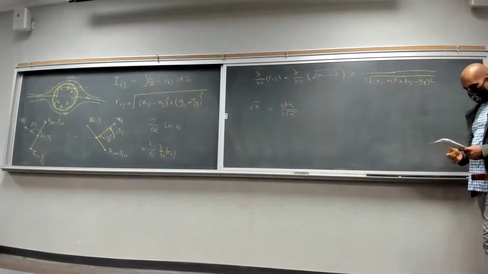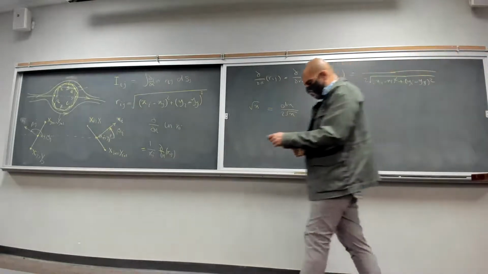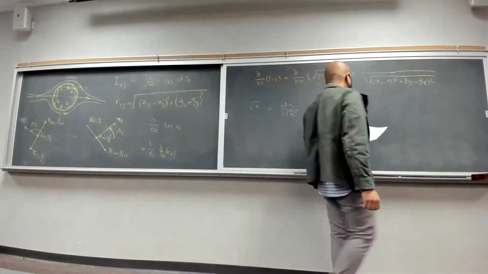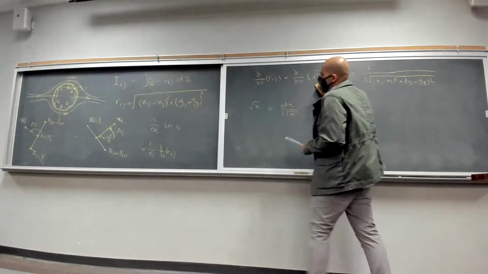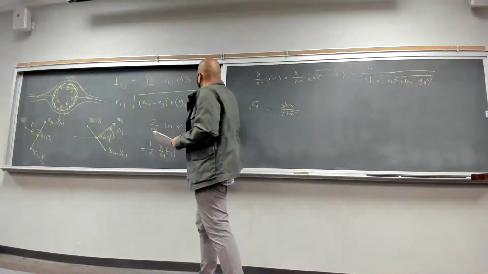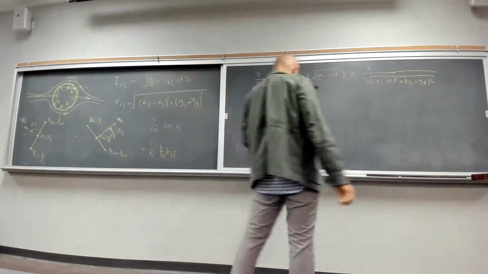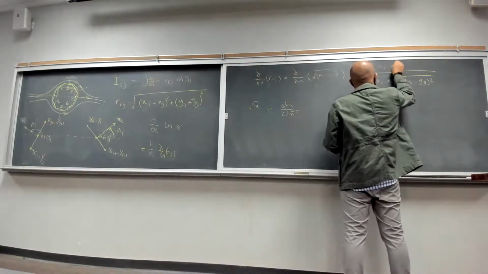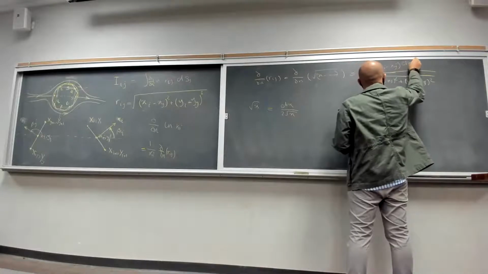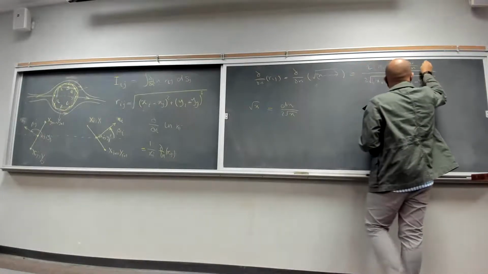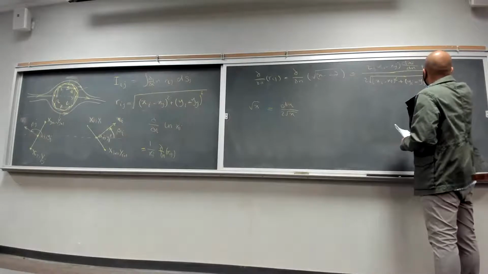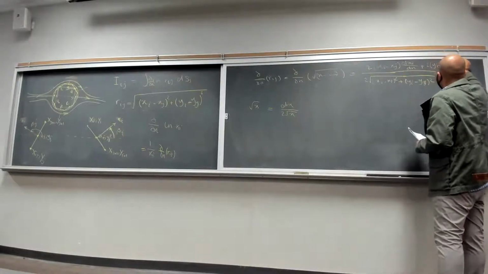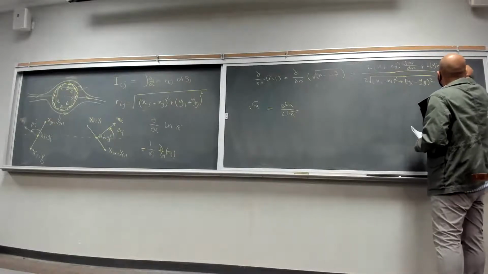And what do we have on the numerator? The derivative of whatever is underneath here, which is going to be 2 times xi minus xj dxi dn plus 2 times yi minus yj dyi dn.